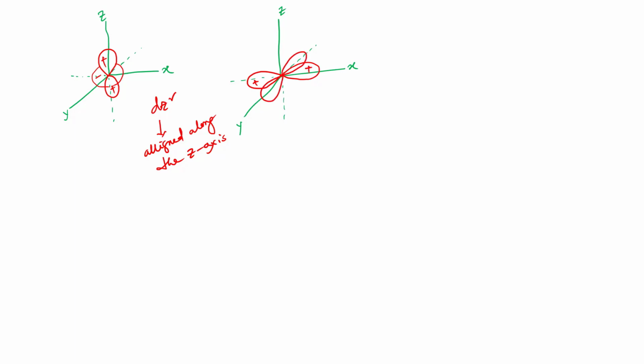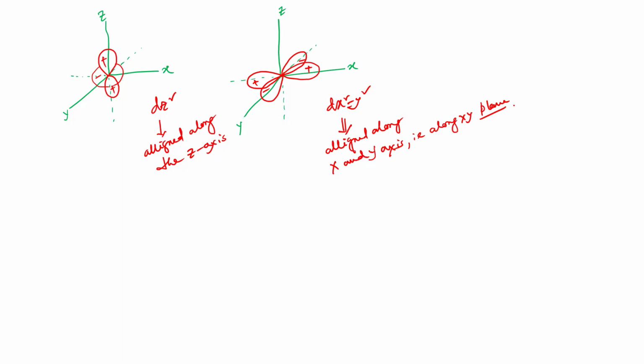So this is the geometrical spatial distribution of the dx2-y2 orbital, aligned along the x and y axes, that is along the xy plane. So you can easily see both these orbitals, that is dz2 and dx2-y2, are aligned along the axes.